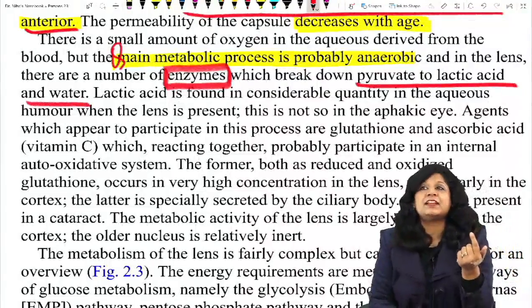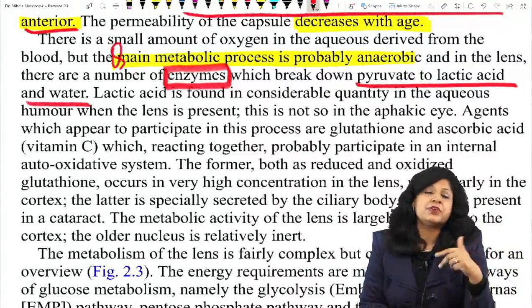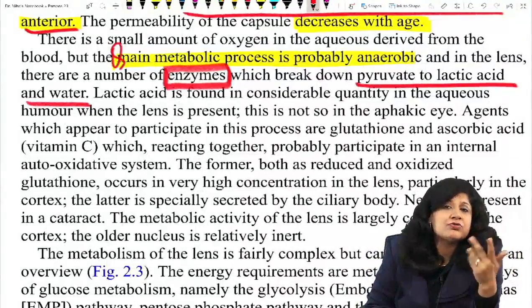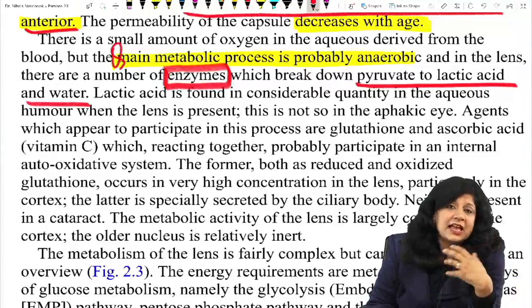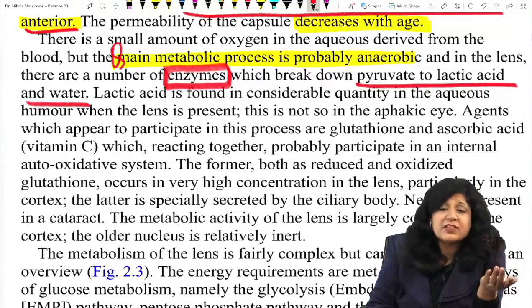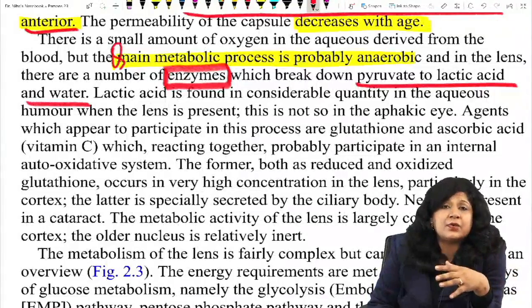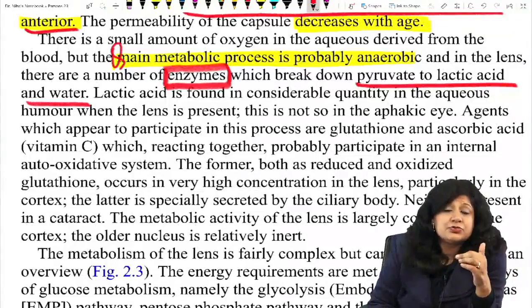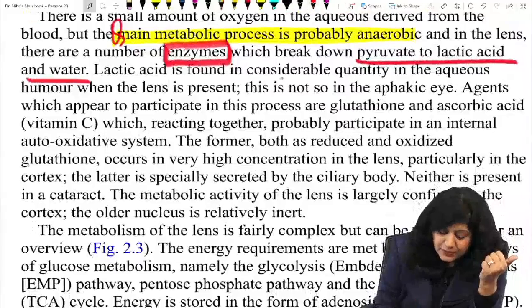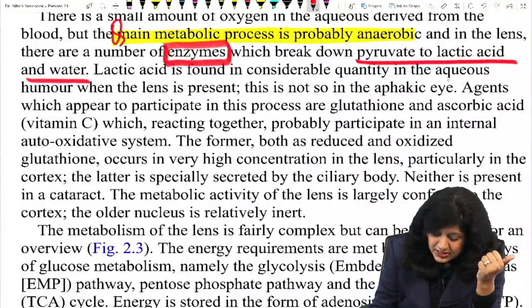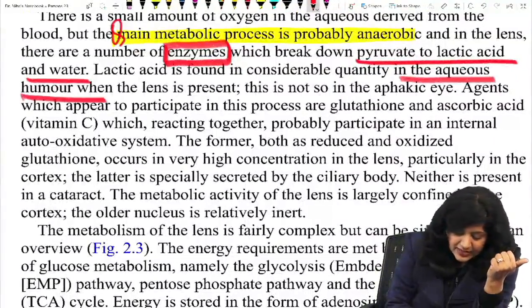Now if you remember, I always tend to ask you: if the lens is avascular, how does it manage with the nutrition? We say that it is the aqueous humor which is giving the nutrition to the lens, and the aqueous humor gives the nutrition via the lactic acid, right? So lactic acid is formed in considerable quantity in the aqueous humor when the lens is present.